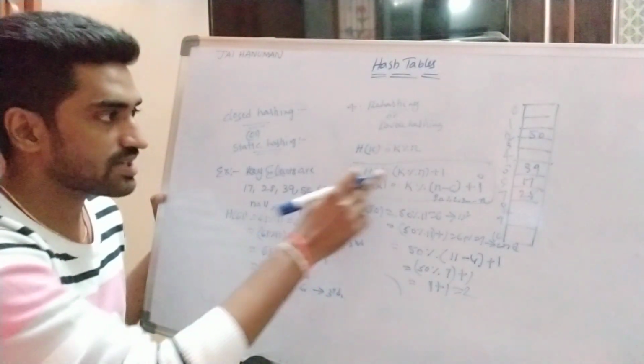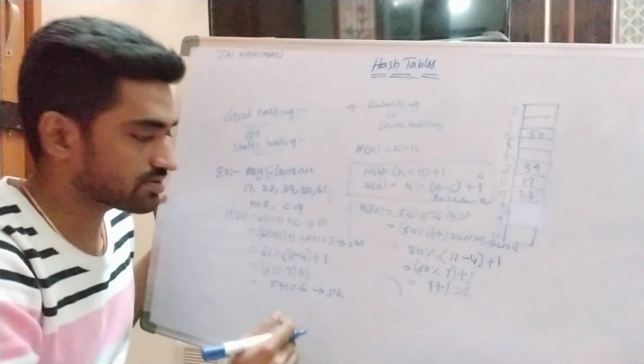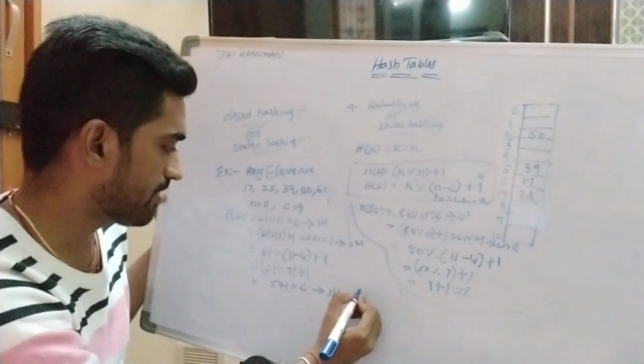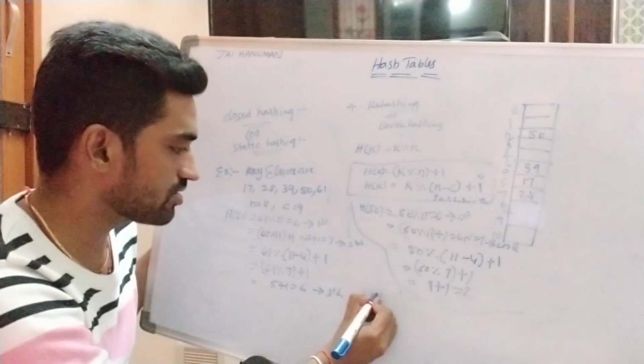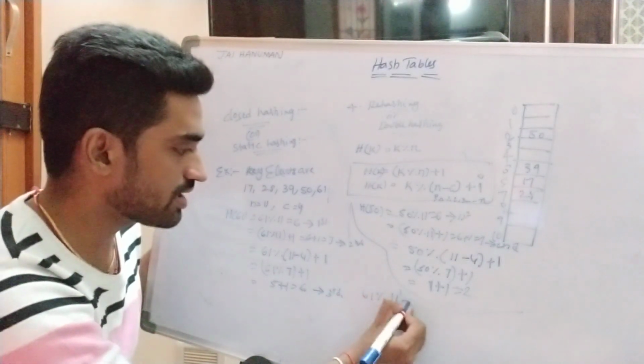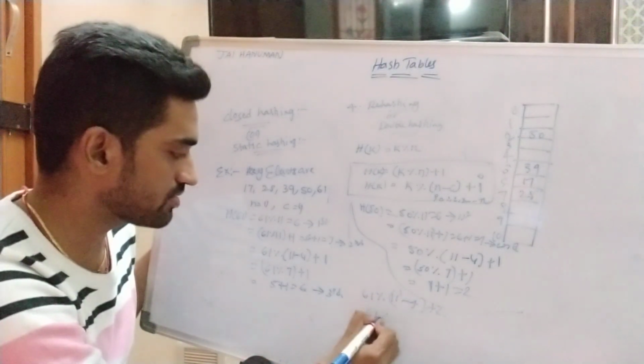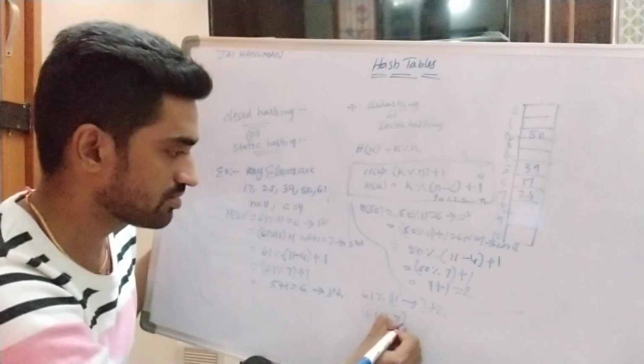Again we are implementing the second formula, I value taken as 2, right? So here I am taking I value is 2. 61 modulo division of 11 minus 4 plus 2, or 61 modulo division of 7 plus 2.